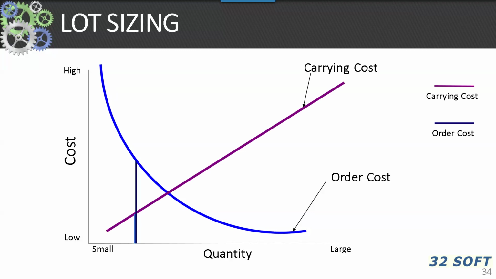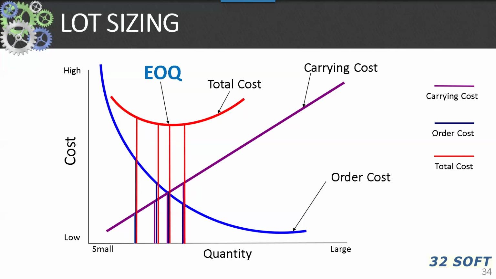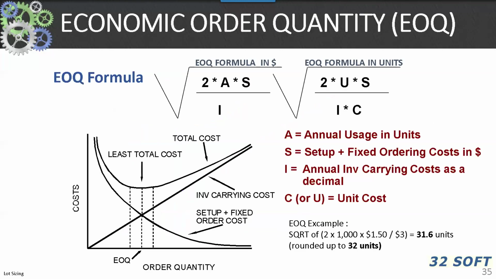So what economic order quantity does is it adds together the order cost and the carrying cost, the two cost curves, to arrive at what is called the total cost, and the minimum point on that total cost curve is the most economic order quantity.